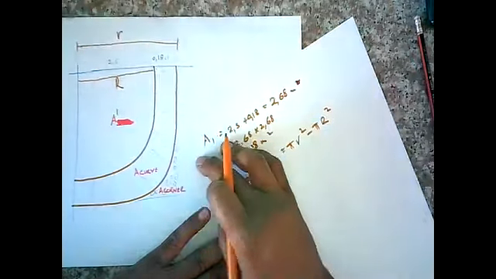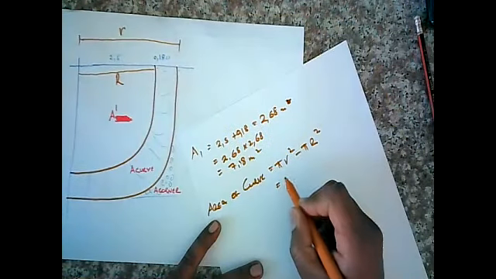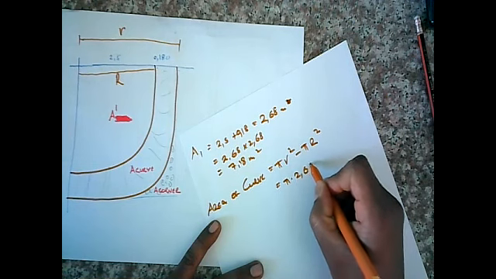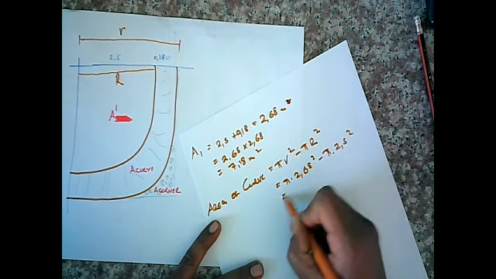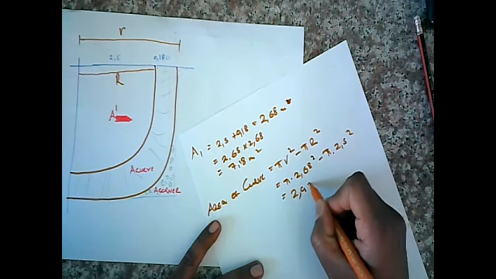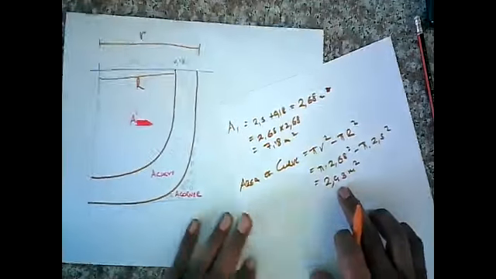So here's big R, here is small r. All right, but what did we find here?